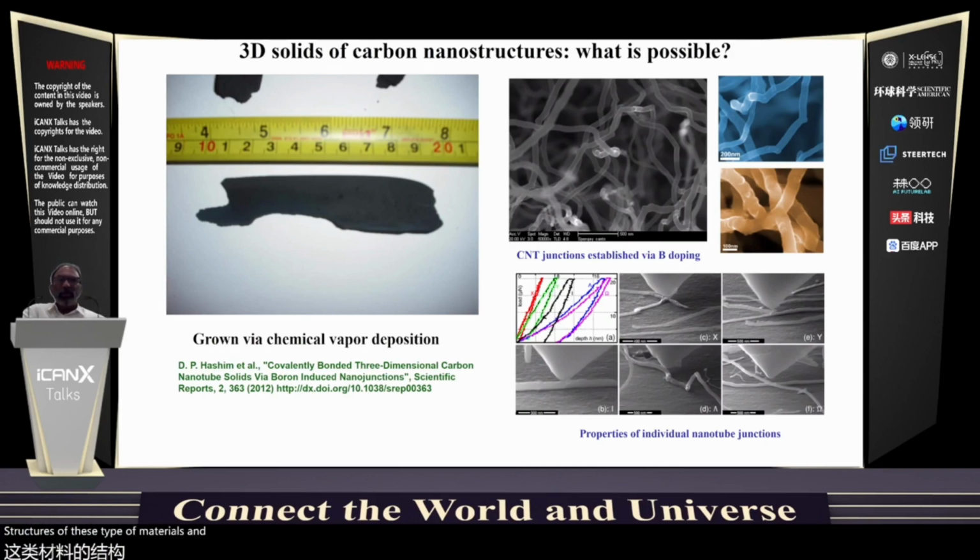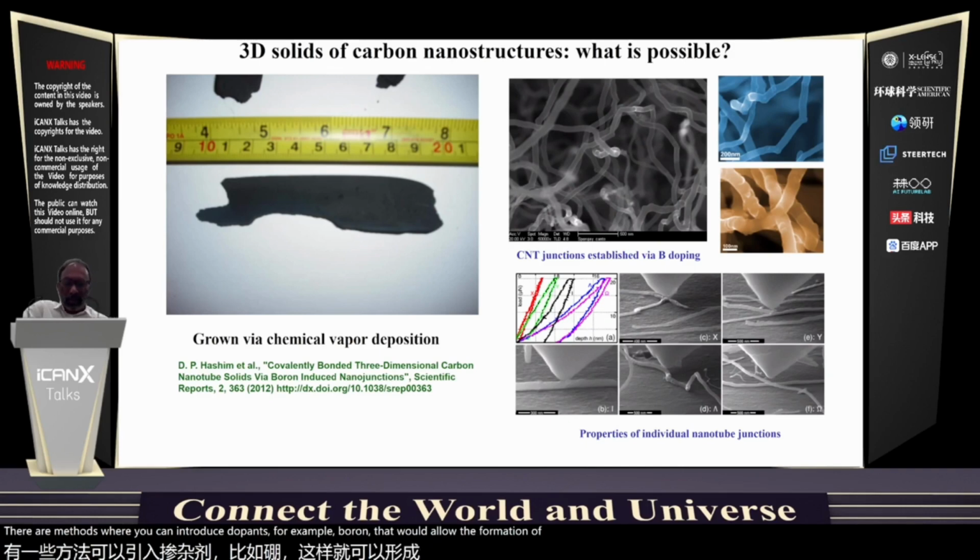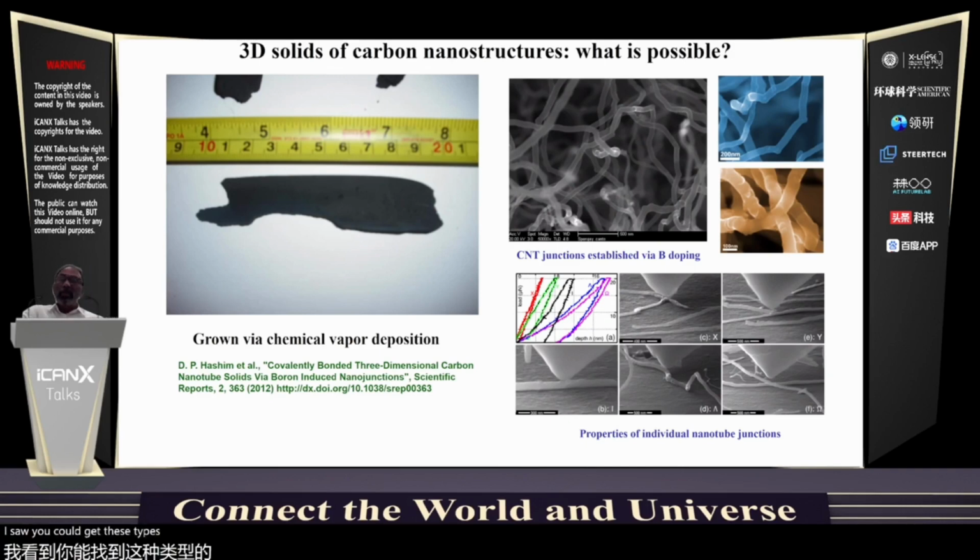And we had to do some tricks here when we were depositing using vapor phase deposition. There are methods where you can introduce dopants, for example boron, that would allow the formation of interconnections. So you could get these types of three-dimensional interconnected structures from carbon nanotubes using vapor deposition.